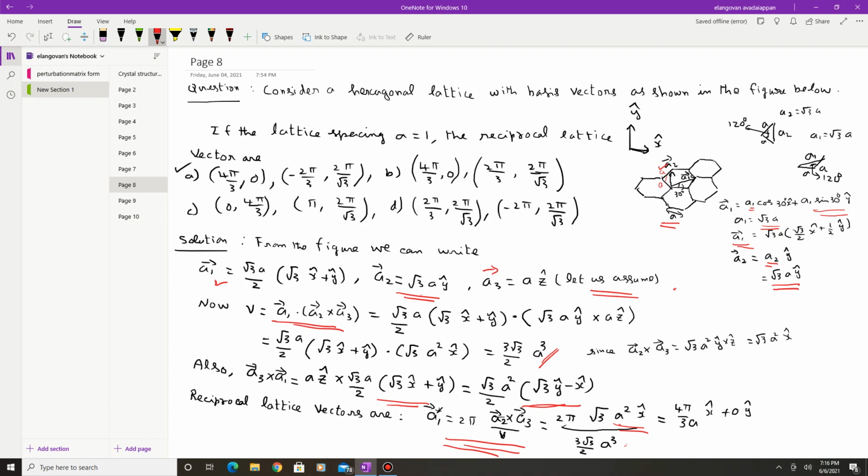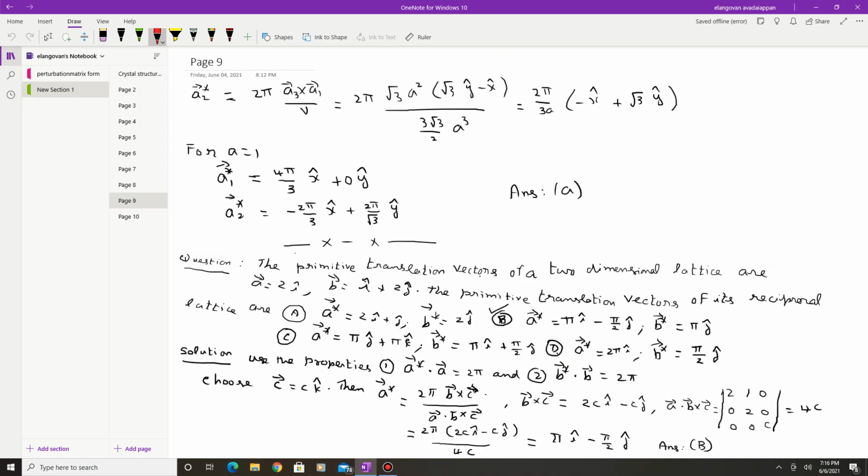Once you substitute these values, finally we will get this expression for a1 star. Also find a2 star. a2 star is equal to 2 pi a3 cross a1 by V. a3 cross a1 we have already calculated, and the volume of the cell is already known. Once you substitute, this is it.